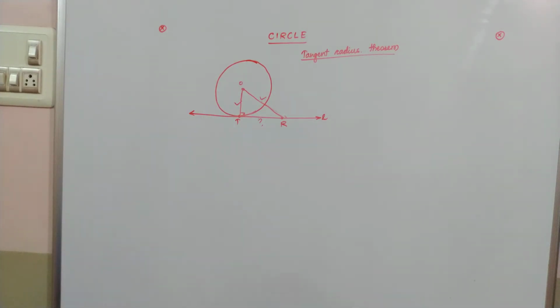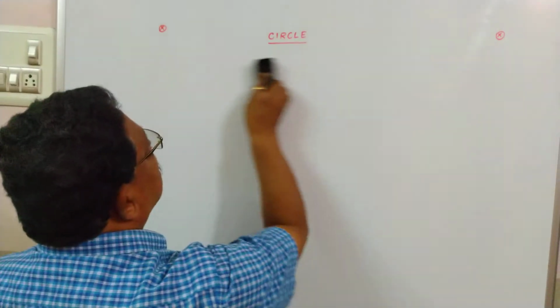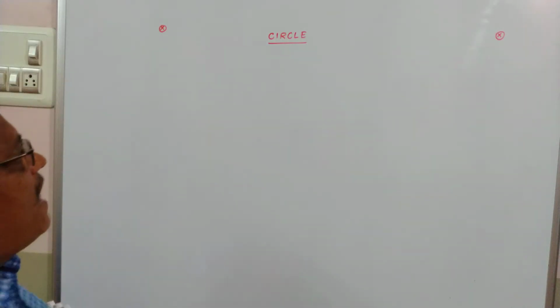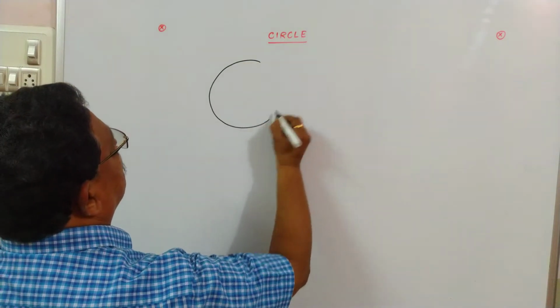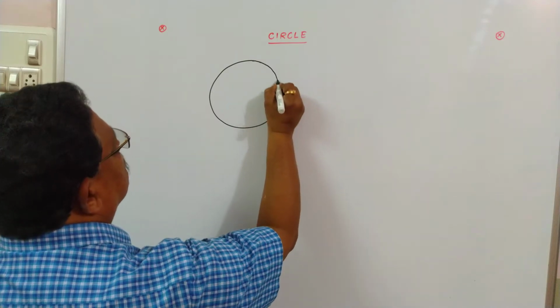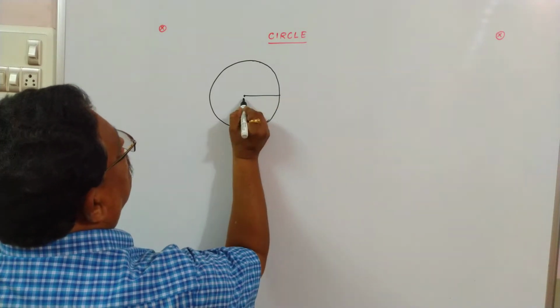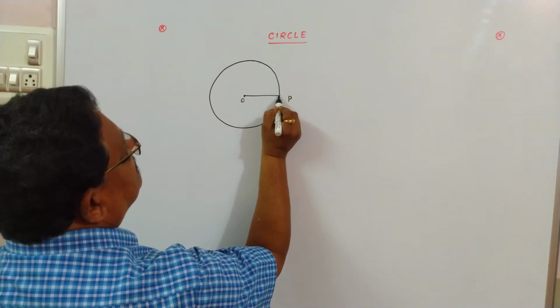Its converse. What does its converse tell us? If a line is perpendicular to the radius of a circle at its outer end, O is center of the circle, OP is the radius.